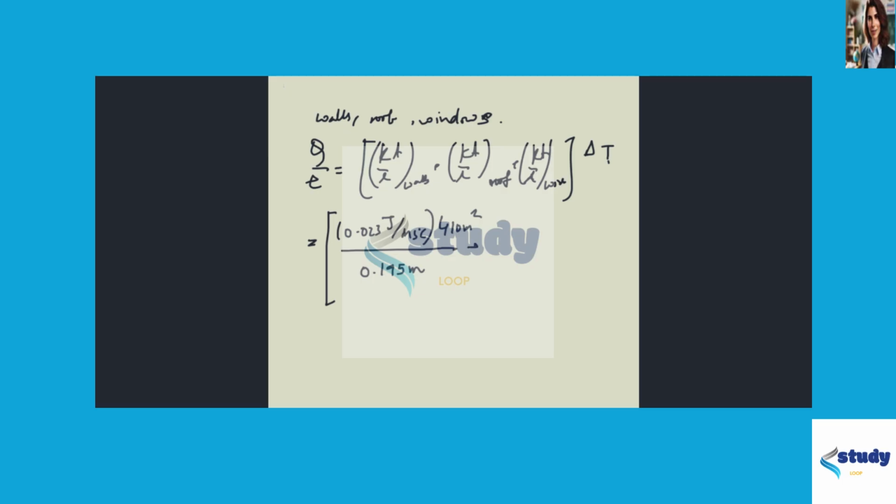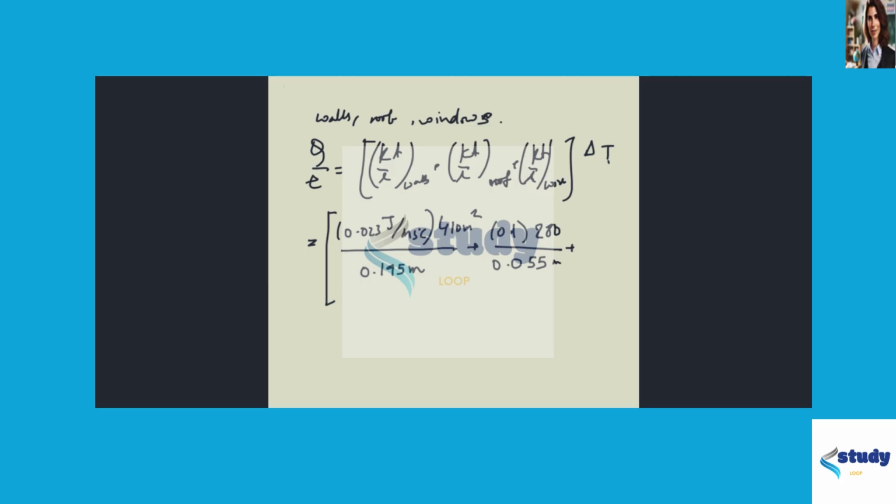Now similarly, we add the other two terms. For the roof, K is 0.1 watt per meter degree Celsius. The area is 280 meters squared divided by the width, which is 0.055 meters.